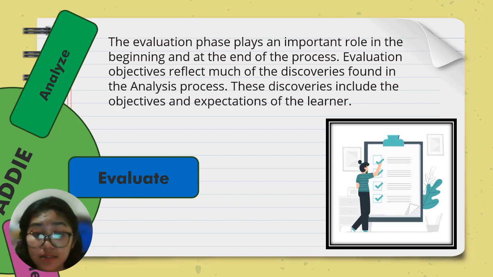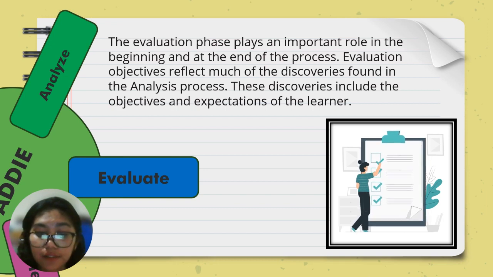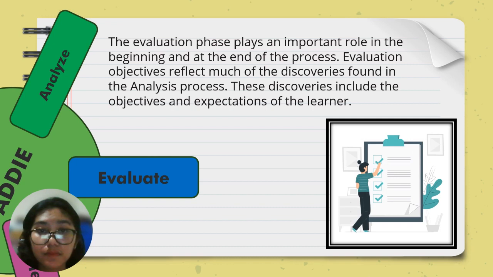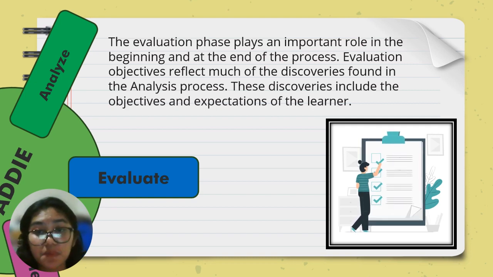In the second, summative evaluation stage, we are taking the feedback from the end users. The evaluation objectives reflect much on the discoveries found in the analysis process. These discoveries include the objectives and the expectations of the learner.